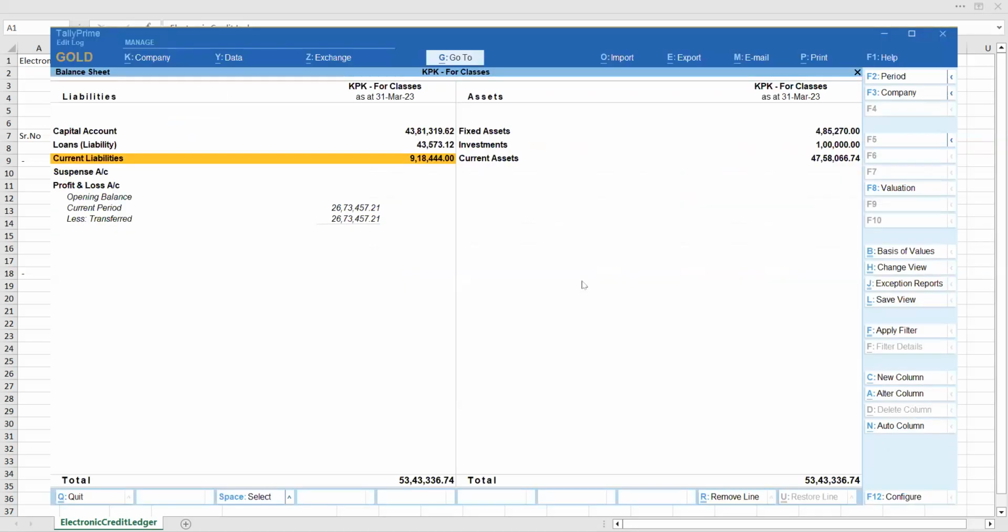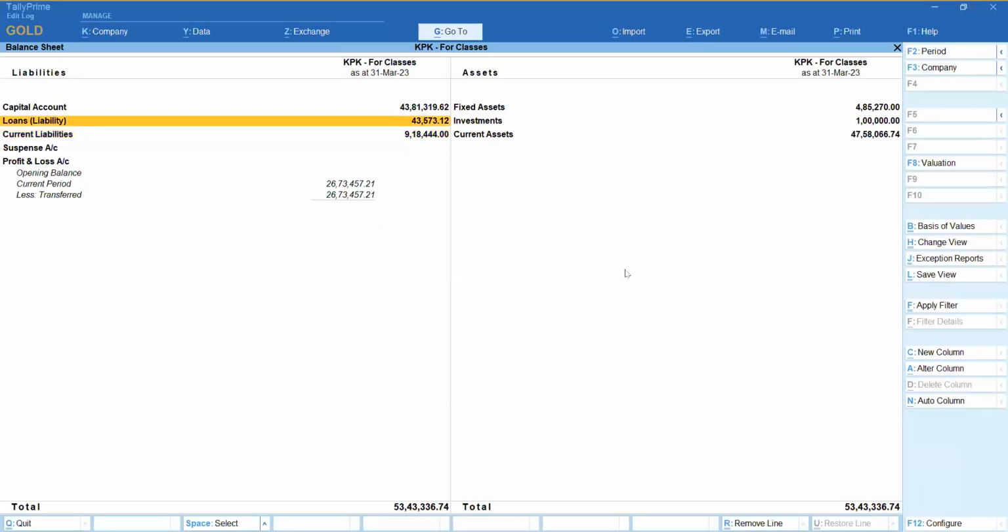Are you able to see the Tally? Yes, sir. See, now we have taken the input ledger.